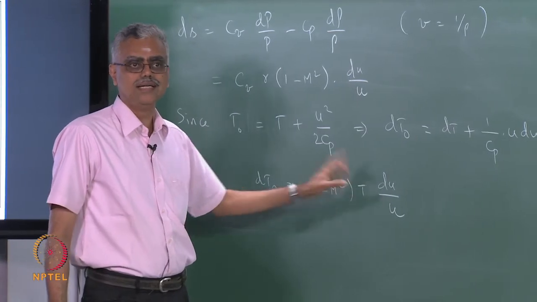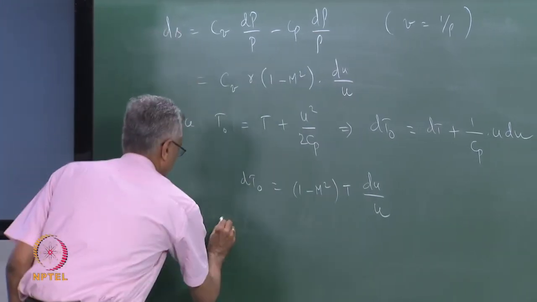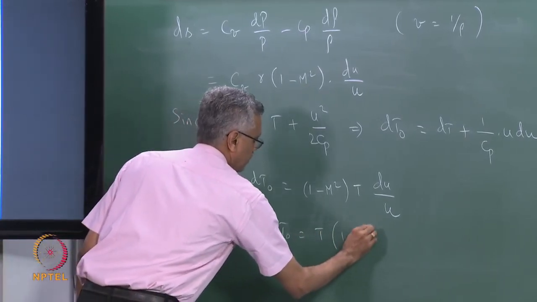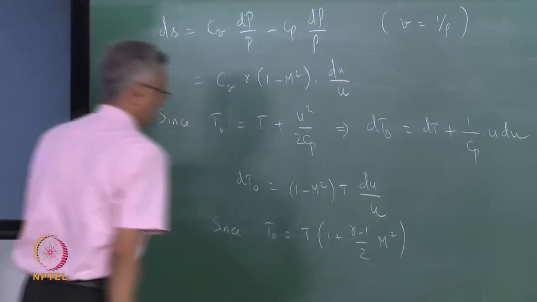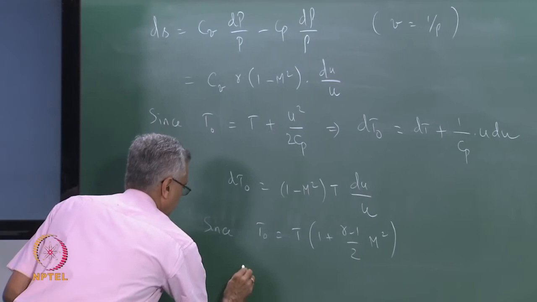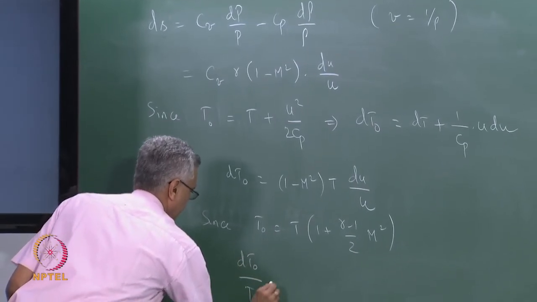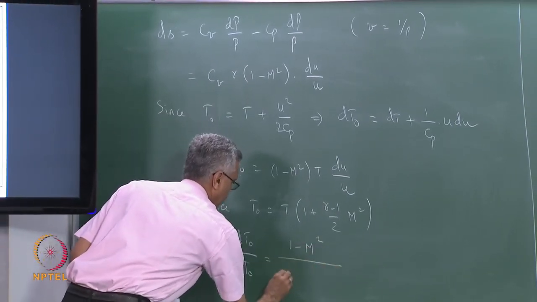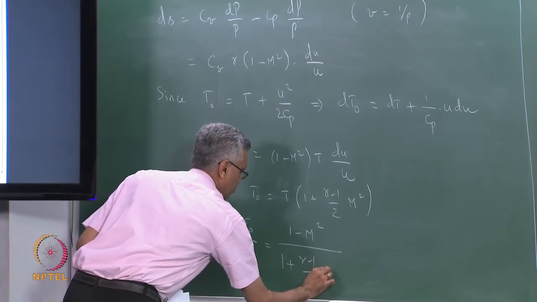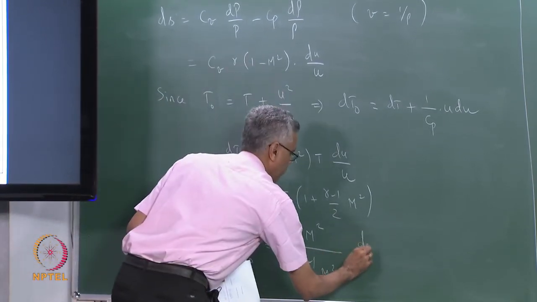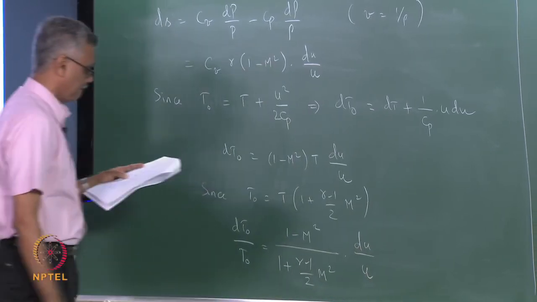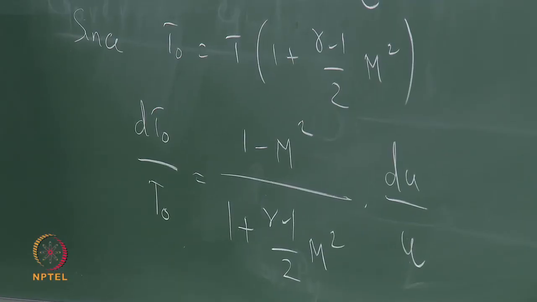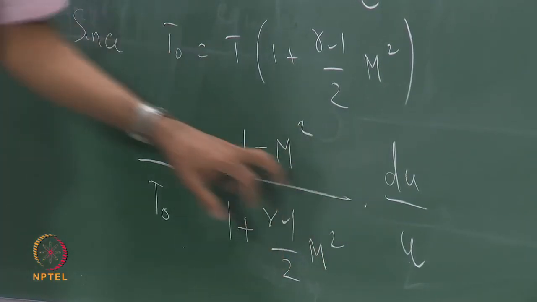Since T naught is equal to T times 1 plus gamma minus 1 over 2 times M square, I can rewrite this as dT naught over T naught is equal to 1 minus M square divided by 1 plus gamma minus 1 over 2 times M square, times du over u. Now the right hand side involves du over u and the Mach number.